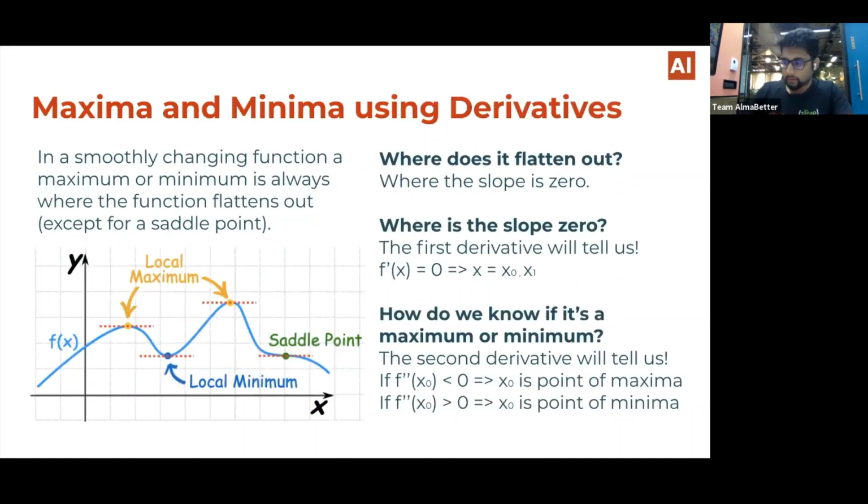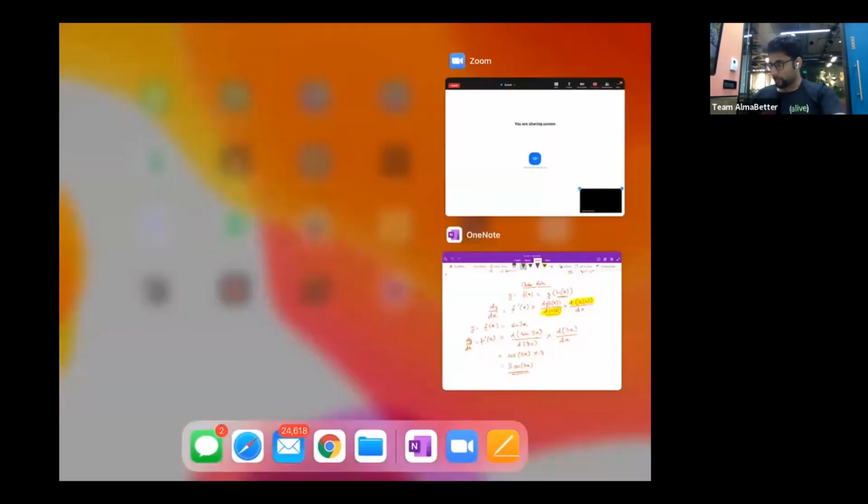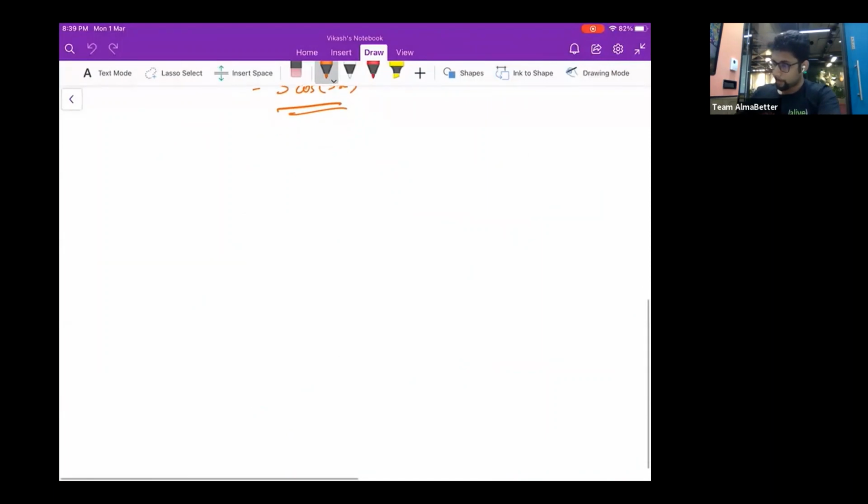Let's take an example to illustrate. Let's take any function, right?